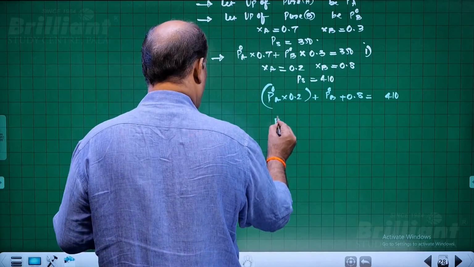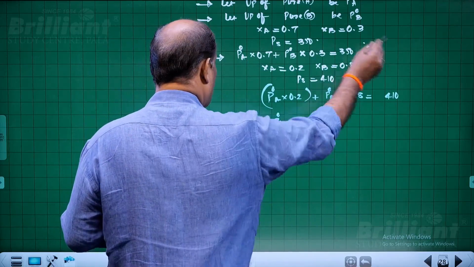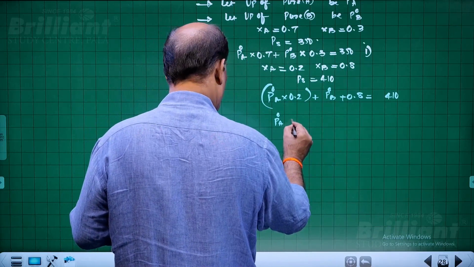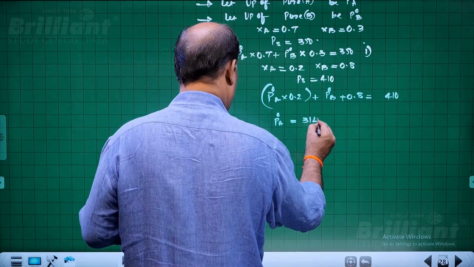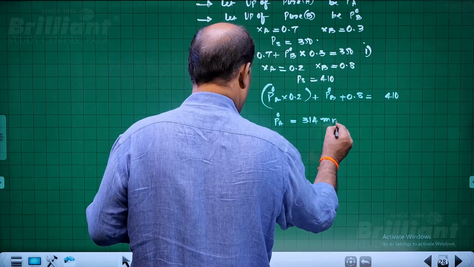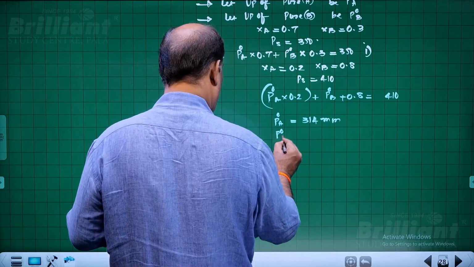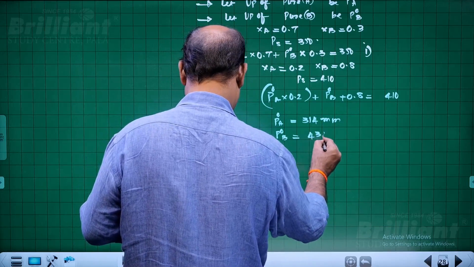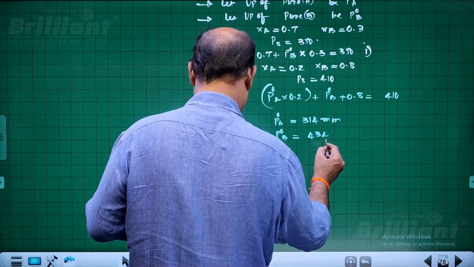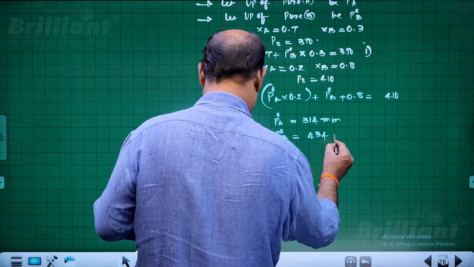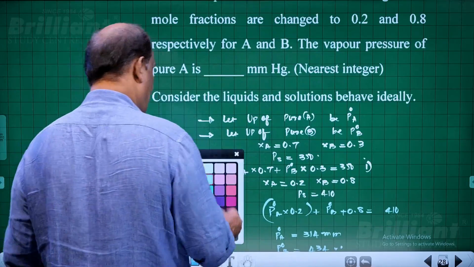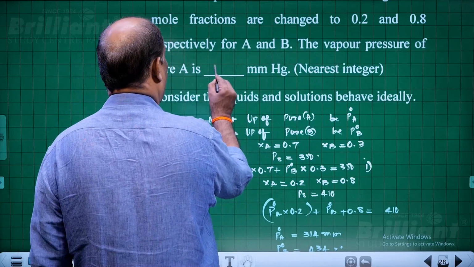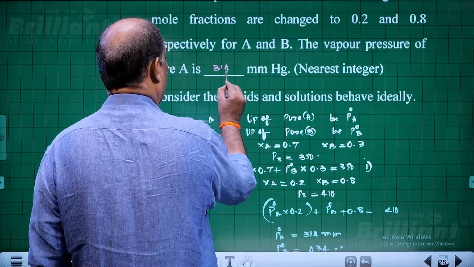So then P naught A is equal to, by substituting 1 and 2, this is the 315, and the pressure of A is 340.